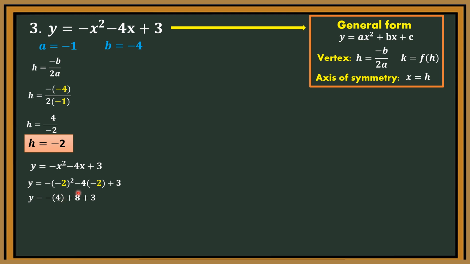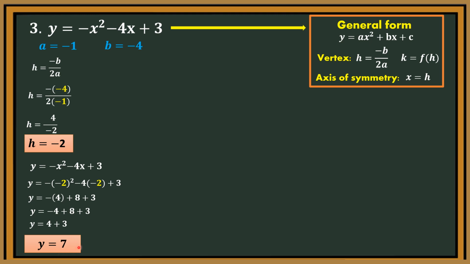Then, negative 4 times negative 2, positive 8. Plus 3. Then, multiply natin. Negative times positive 4, that is negative 4. Plus 8 plus 3. So, kinopy lang natin yon. Then, negative 4 plus 3, that is positive 4. Plus 3. Then, add natin. Y is equal to 7.